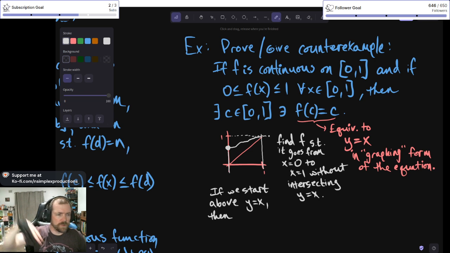So this is going to essentially run what we call the pigeonhole principle, where, well, not quite. This is more the squeeze theorem.